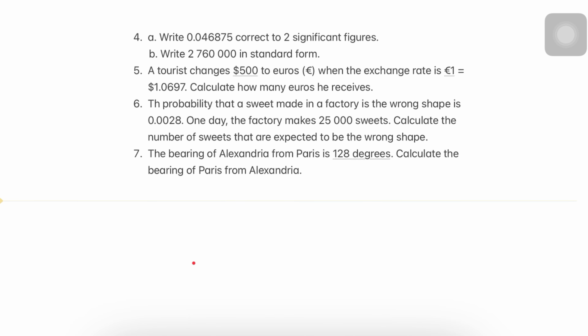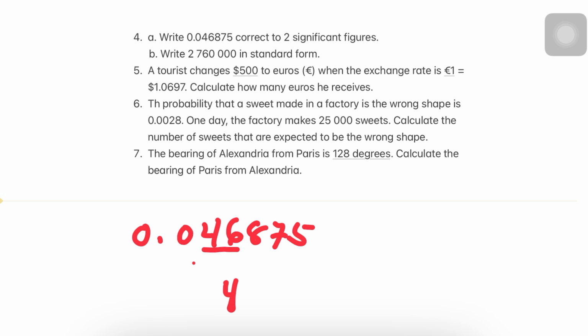So in identifying significant figures, we will start counting. If you have 0.046875, we start counting from the first non-zero digit. So the first significant digit is 4, then it is followed by 6.